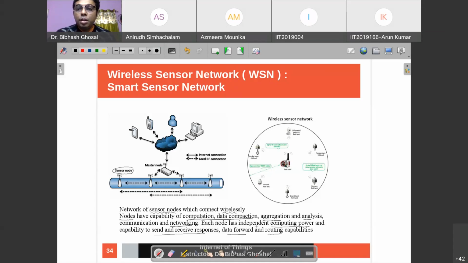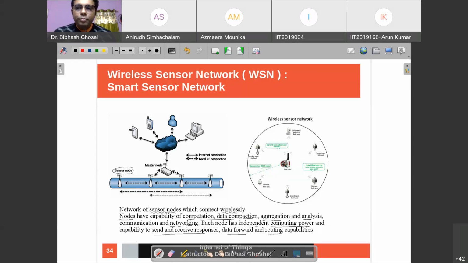That is the reason why we see huge popularity today of these kinds of systems, where it's not just restricted to data collection. You have computing power given to the nodes, and you deploy them at different places. These nodes communicate the data, and together they may solve a particular problem.